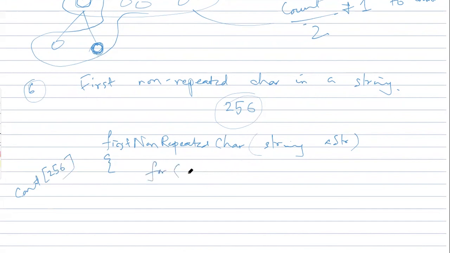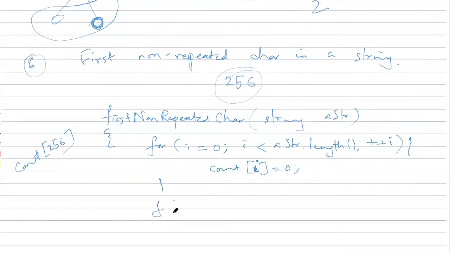So you just run for i equal to 0, i less than str length, plus plus i, and you initialize count of i to 0. And then again, run the for loop, the same span, and you increment the count.